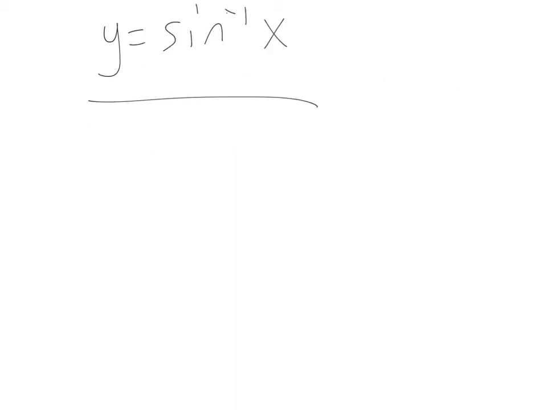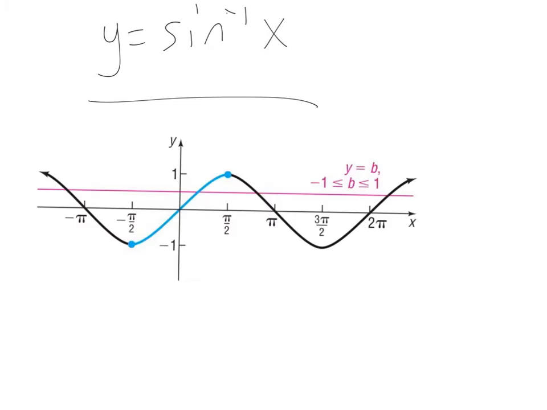For the function y equals sine inverse of x, let's first look at the original sine function. Notice that the domain is technically all real numbers, but if we let the domain be all real numbers, then it fails what we call the horizontal line test.